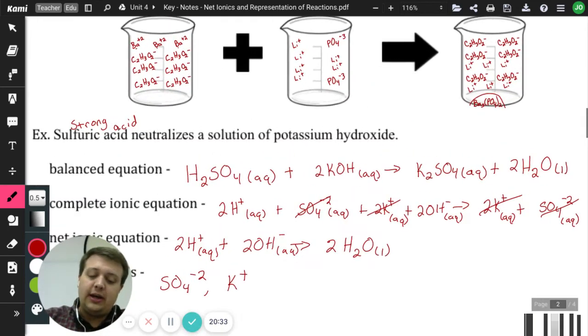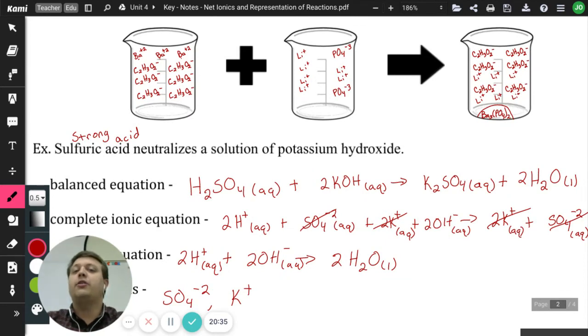Now, it did tell you that it was a solution of potassium hydroxide, so you could have immediately used that as an indicator of this being a solution. It did not say that about the sulfuric acid, and so you do need to follow your solubility rules if they do not clarify it as being a solution.